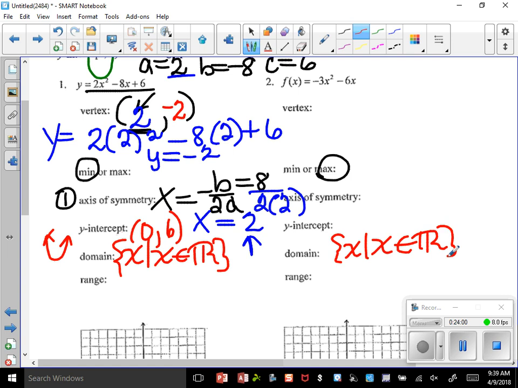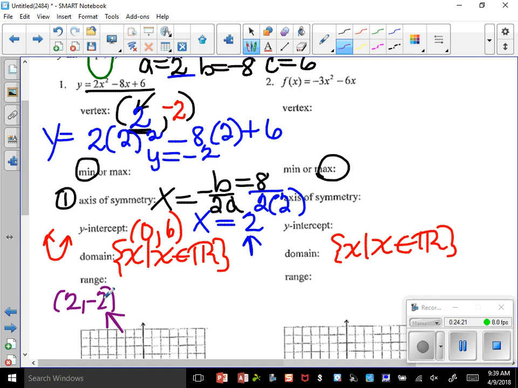Okay, that's the standard answer when it's going up or down. All right, now the ranges, I always refer back to the vertex. I'm going to put the vertex down here because the range number starts at the y coordinate of the vertex.